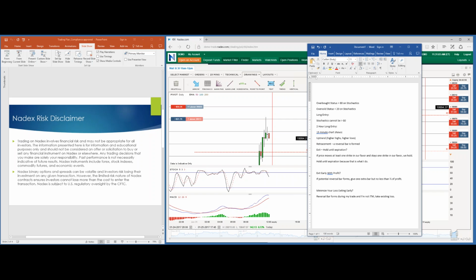Now, what does that mean? That means that's a potential reversal bar, and we had $25 of profit. So if this starts up and starts eating my profit, then you could take a profit. Do you understand that? But now we have defined what is profit.